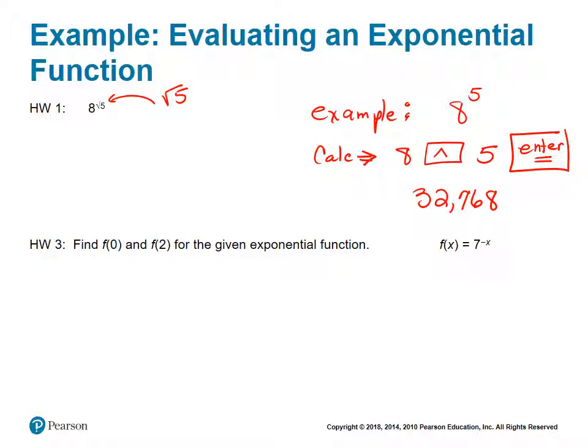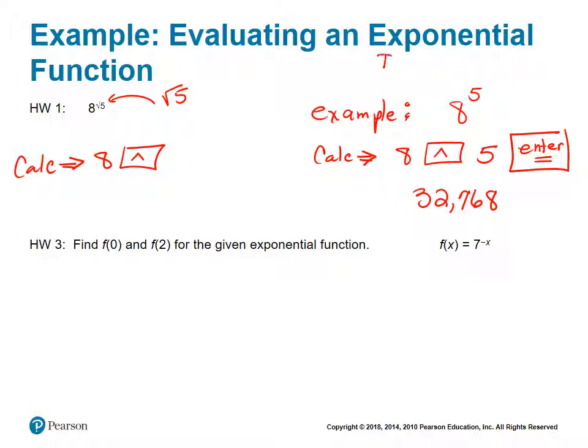Now the only thing different with this example is that we have square root of 5 given. So what we will do is we will, in the calculator, put in the base of 8. Then we will also hit that exponent key. But instead of just putting 5, we will need to put the square root of 5.